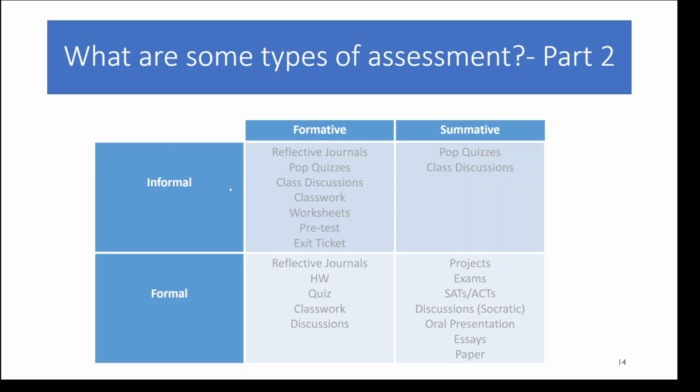And then a formal formative assessment would be something like a journal, homework, quizzes, discussions, etc. And then you have the summative informal sort of thing, which could be like a pop quiz or a class discussion. And then for a formal summative, you think of projects and exams, but also a Socratic seminar could fit into that category. Any kind of oral presentations or papers can fit into the category of a formal summative assessment.